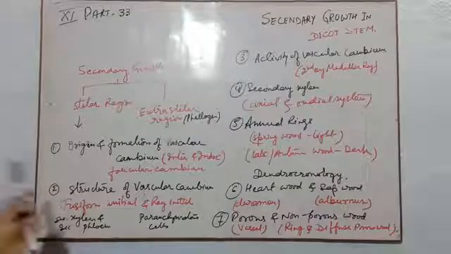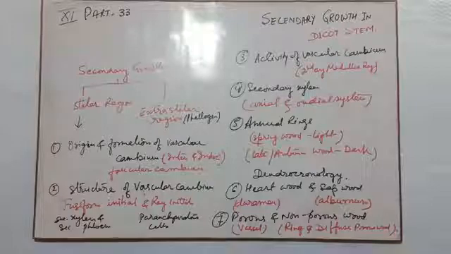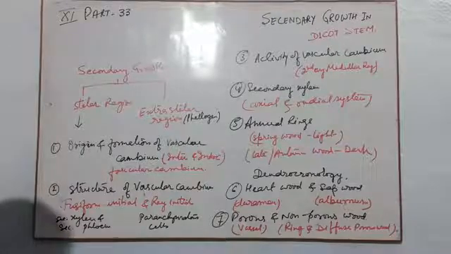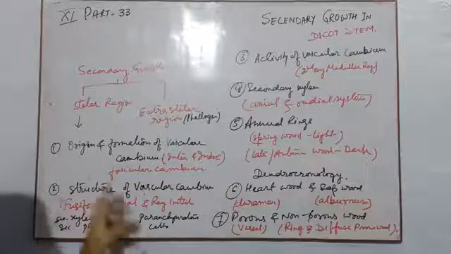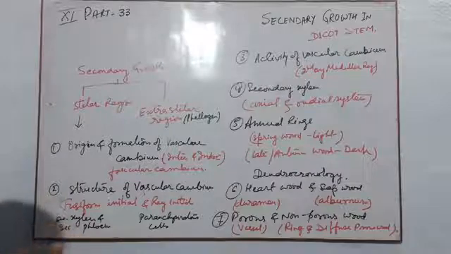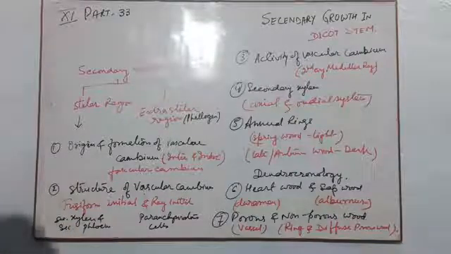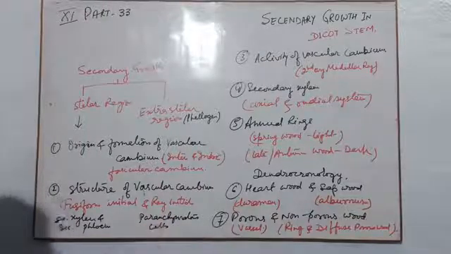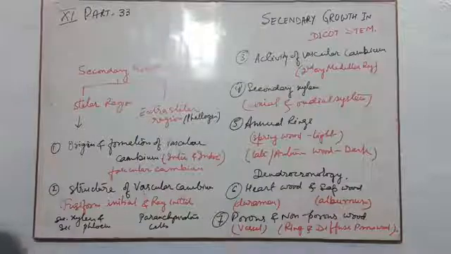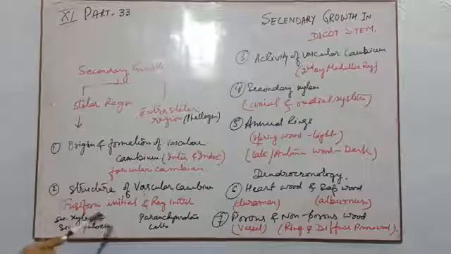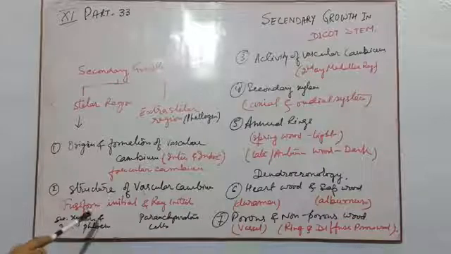The ray initials will produce parenchymatous cells, either xylem parenchymatous cells or phloem parenchymatous cells. Both the cells will be formed by the ray initial. So these are the two types of formation of the cell, that is fusiform initial and ray initial.